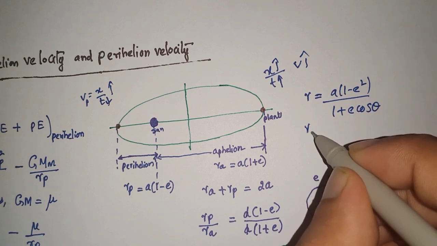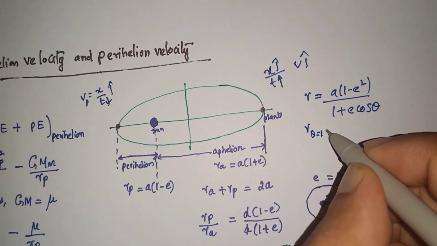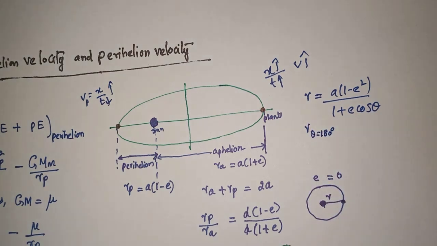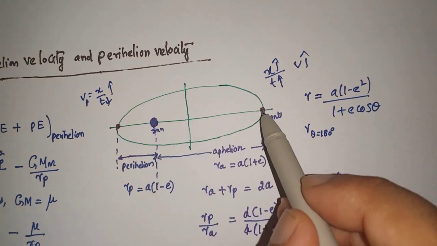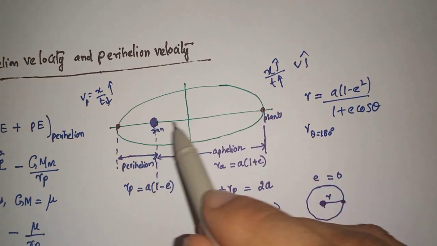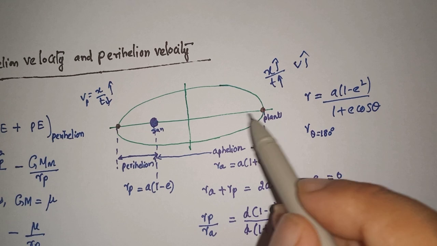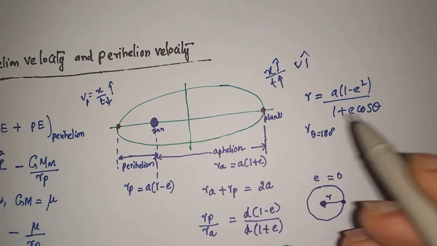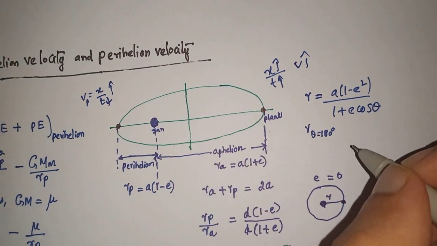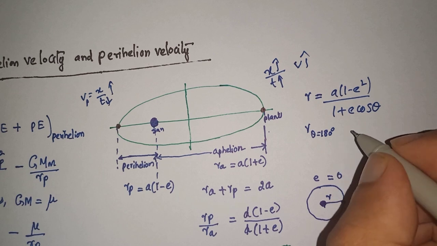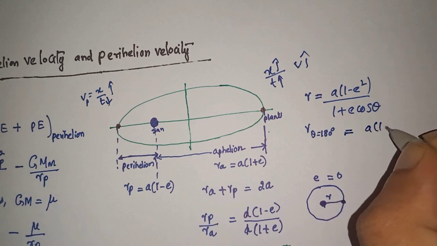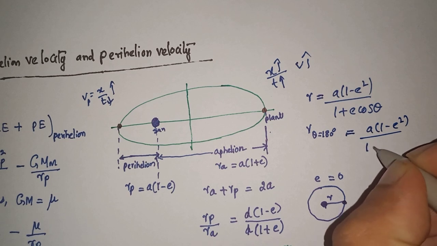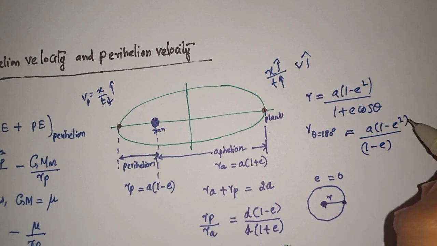So you go with r of theta, theta equal to 180 degree, if you substitute here. Because this is lying on the same line, we assume that this is going on the same plane, and the angle between is again 180, which is a linear angle. That means your r(180) is equal to a into (1 minus e square) by (1 minus e).